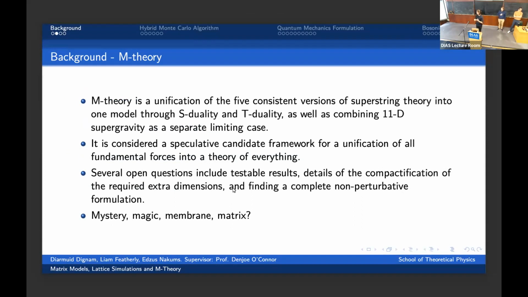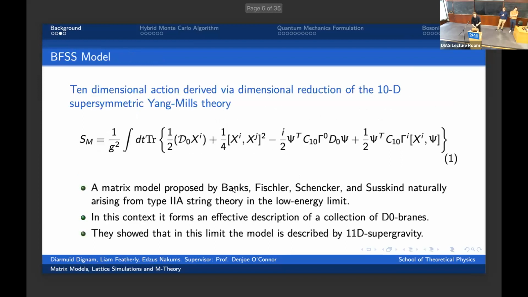It has been suggested that it may be mystery, magic, or matrix, because that brings us to the BFSS model, which is a quantum mechanical matrix model that arises totally naturally from type 2A string theory in the low energy limit. And in that context, it forms an effective description of a collection of D0 branes, where the degrees of freedom of the matrices of this model represent the interactions between the branes.